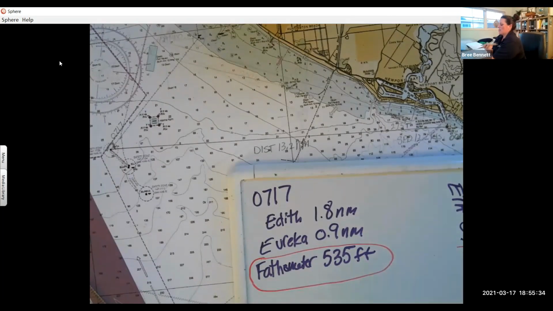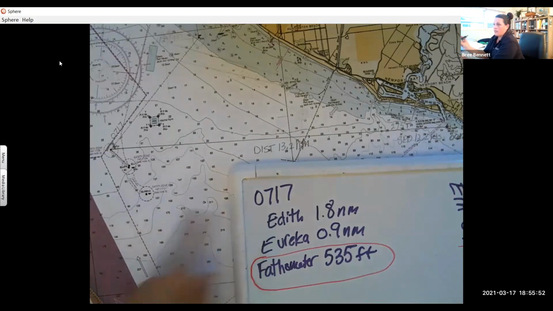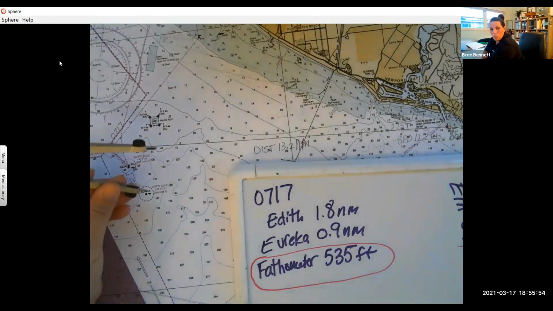Okay, so I'm gonna plot these two ranges, these two distances. So I'm gonna find 1.8 nautical miles, and that was from Edith. So I have 1.8 using my little compass here.